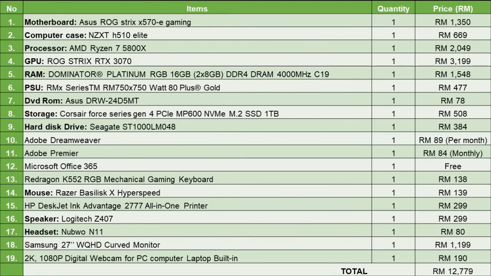Next, the speaker, the price is 299 ringgit. For the headset, the price is 80 ringgit. Next, the monitor, the price is 1,199 ringgit. And lastly, for the webcam, this item is 190 ringgit. So the total of all these items is 12,779 ringgit. Nawal can afford to buy this computer stuff at this price because he has a big budget.